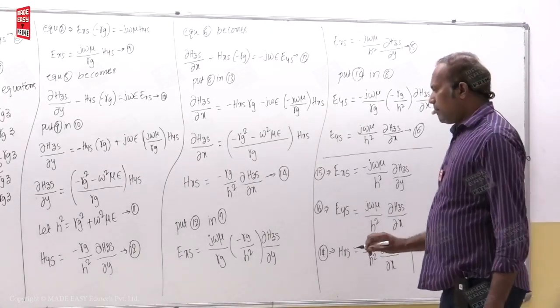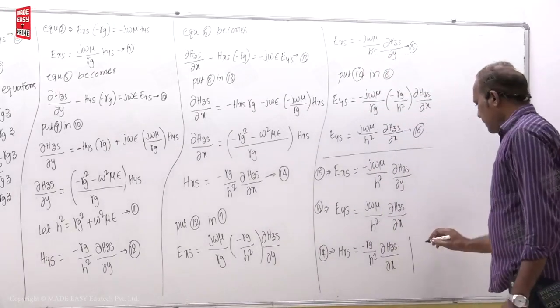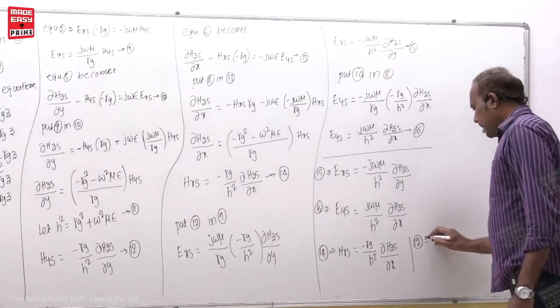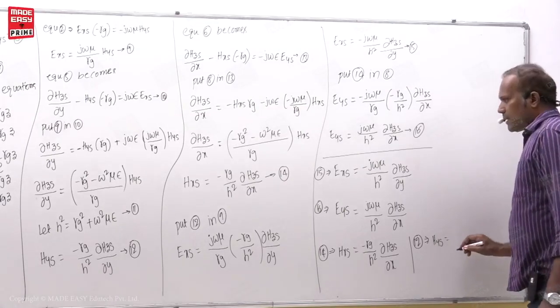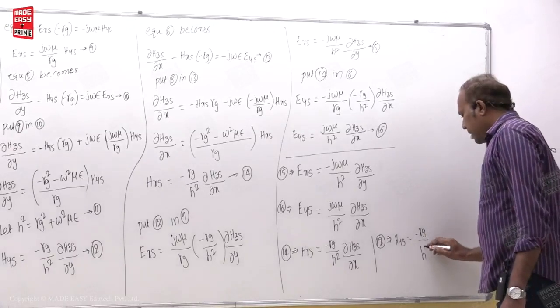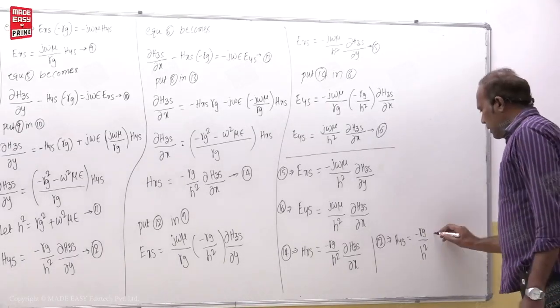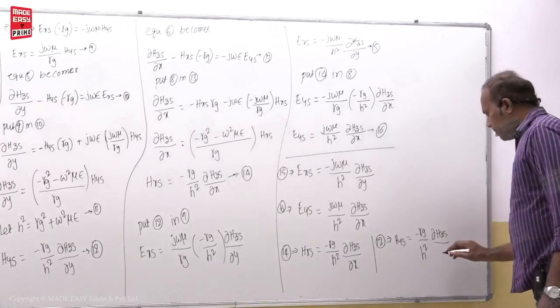Similarly, from equation 12, Hys is equal to minus gamma g divided by h square dou Hz divided by dou y.